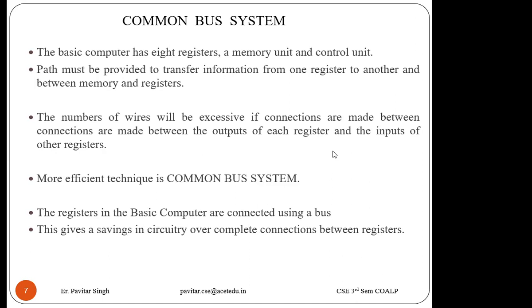We discussed two techniques: one is with the help of a mux and the other is with the help of 3-state bus buffers, right? These are the two techniques with which we develop the common bus system.